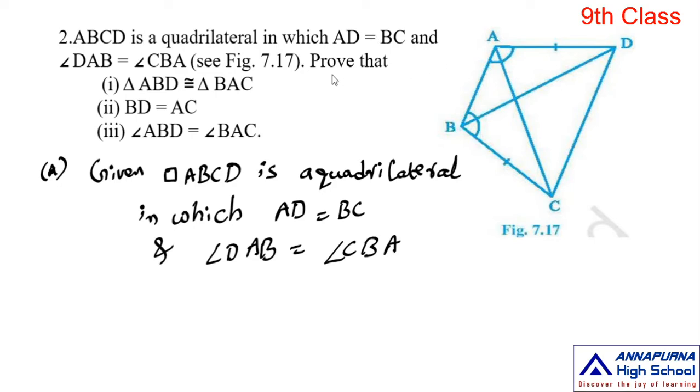We have to prove that first condition, triangle ABD is congruent to triangle BAC. In these two triangles, triangle ABD and triangle BAC.